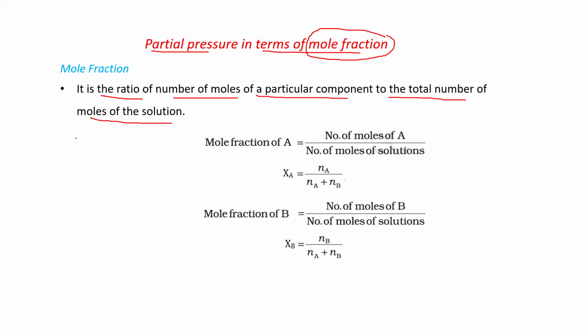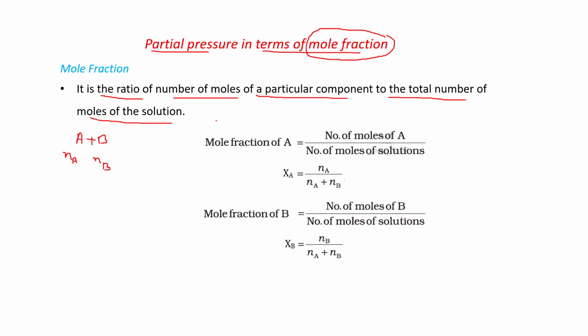We have one mixture, and that mixture contains two components, A and B. The number of moles of component A is Na, and the number of moles of component B is Nb.